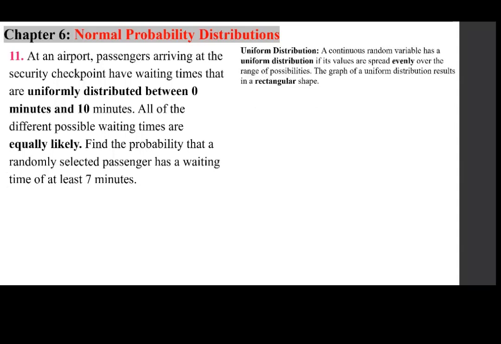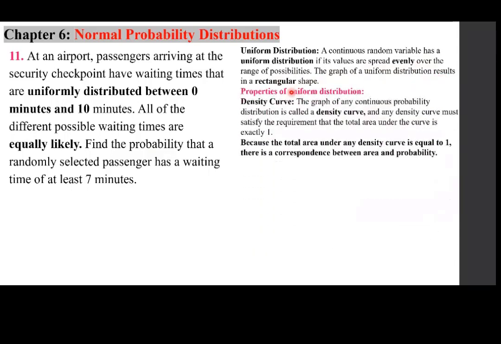A continuous random variable has a uniform distribution if its values are spread evenly over the range of possibilities. The graph of a uniform distribution results in a rectangular shape. Now, properties. Density curve: the graph of any continuous probability distribution is called a density curve.